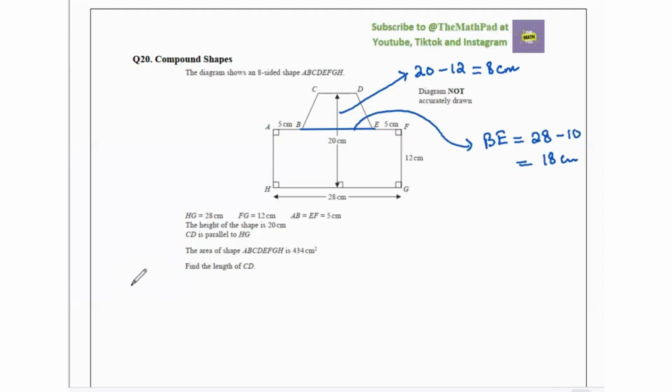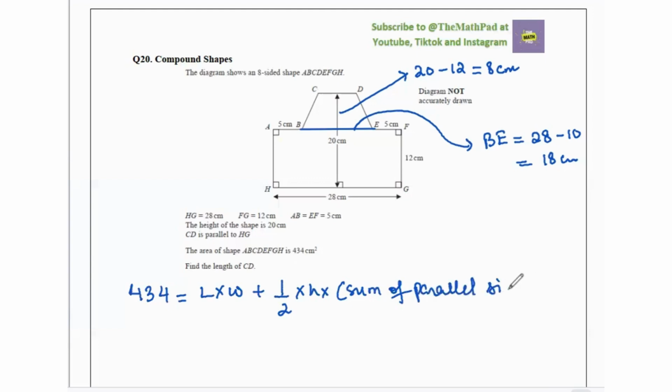So 434 equals the area of the rectangle, which is length times width, plus the area of the trapezium, which is 1/2 times height, times the sum of parallel sides.